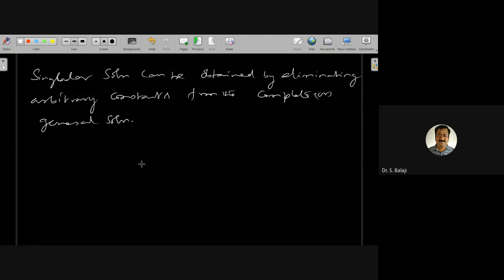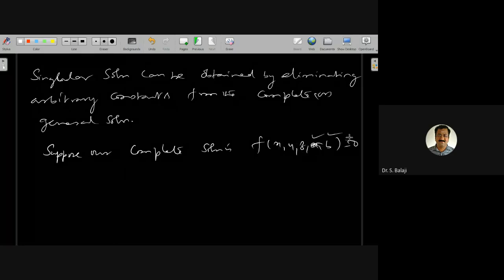So for that, you have to differentiate partially. Suppose our complete solution is a function f of x, y, z, a, b equal to 0, where z is a function of x, y with two arbitrary constants.